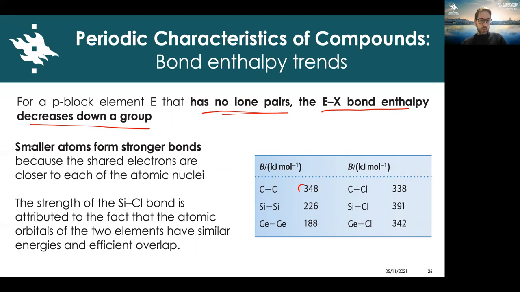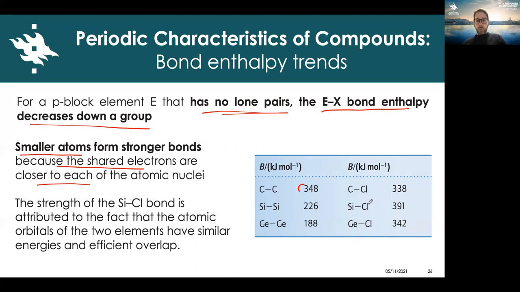And the reason, as we already discussed, is that smaller atoms can form stronger bonds because they can be closer together. Therefore, the shared electrons become closer to each other and closer to each of the atomic nuclei.